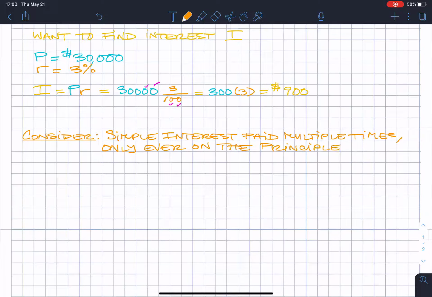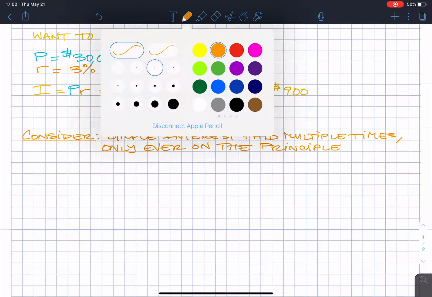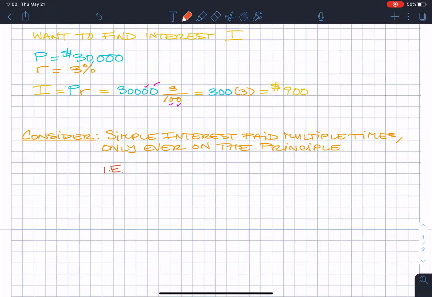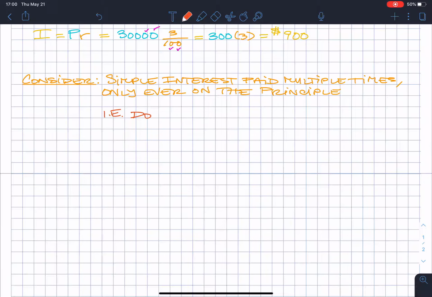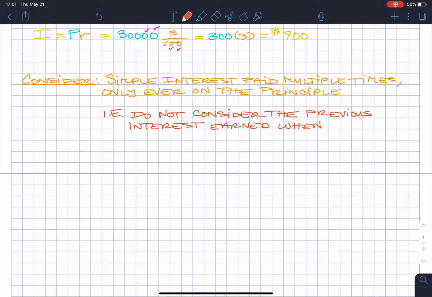So what we don't want to do is consider the previous interest earned when calculating the new interest. So we only ever go back to what the principal was when calculating the new interest.